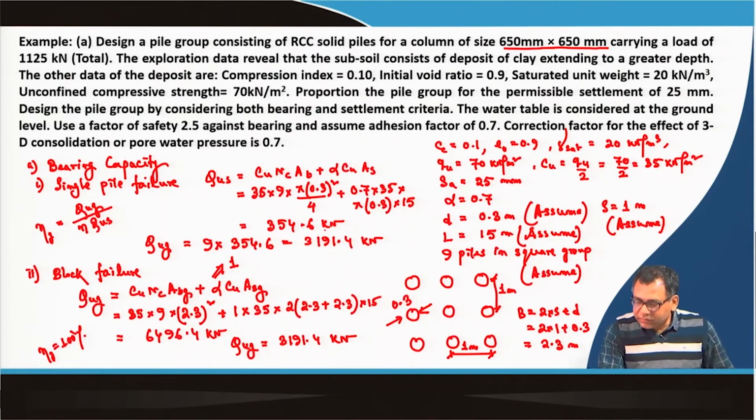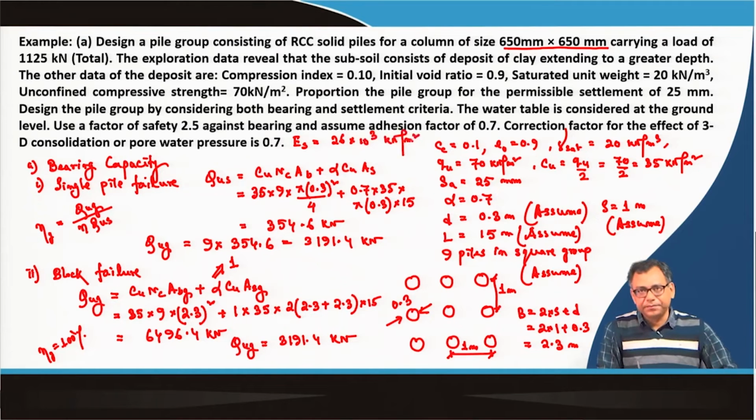Now, the elastic modulus of the soil. It is not given in the question, but I should write that also. Actually, it is given in the problem. So, the elastic modulus of the soil is given as 26 into 10 to the power 3 kilonewton per meter square.